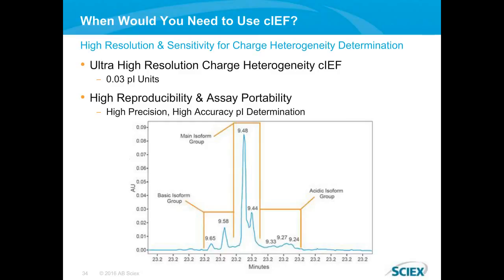It's highly reproducible, and the assay has been proven portable by those multi-site studies that I talked about in the opening. So you get that really high precision, highly accurate pI determination using CIEF. If you don't need that resolution or that really precise pI determination, CZE is a much faster way to get the same information as you would with CIEF.